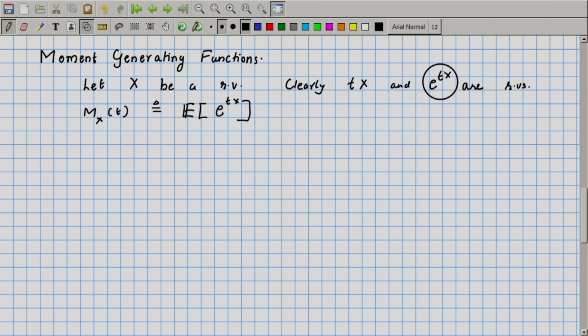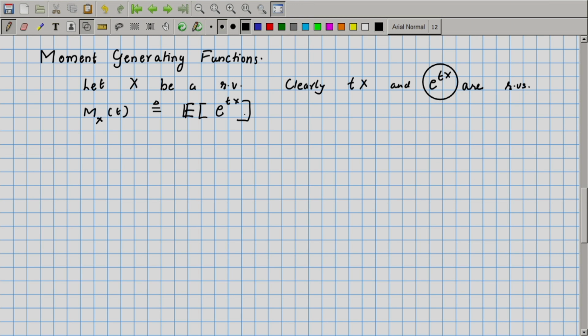For each value of t, we will get a different random variable e raised to t x, and those random variables can have their own expectations. That expectation is the value of M_x(t). So, this expectation of e raised to t x is dependent on t, and that function is called the moment generating function.